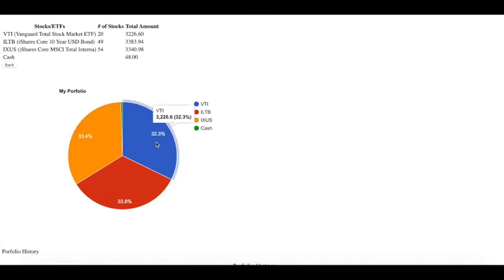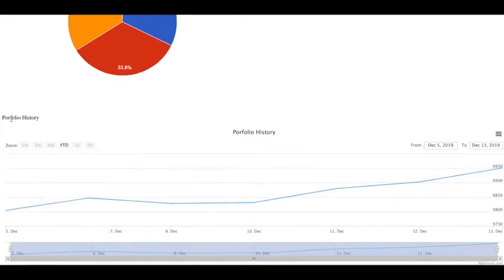And here we can see that they are evenly distributed, about 33% each. And here we have the portfolio history for the last few days. Currently it was $9,951, and it was actually less in the previous few days. And you can see the changes in the trend in this line chart.